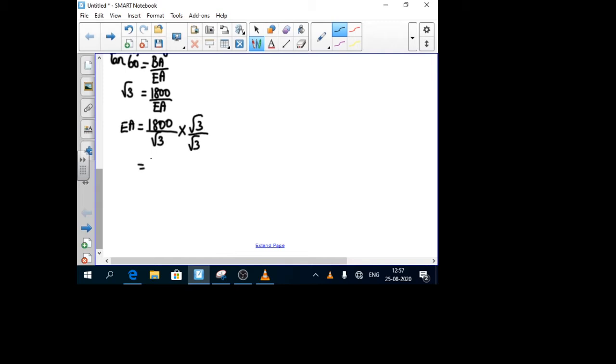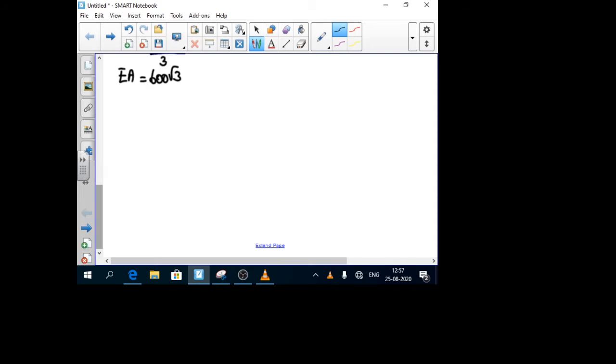You are getting 1800 root 3 over root 3 into root 3, which is 3. Cancelling, you are getting 600 root 3. This is the value for EA. Therefore, EA is equal to 600 root 3. So taking the first right angle triangle, we are getting this answer.